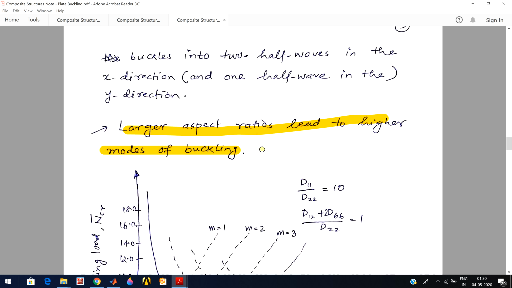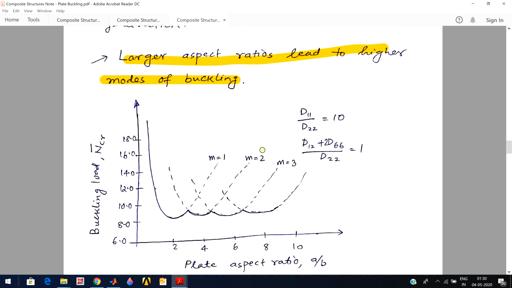That means the number of half sine waves will increase. So if you try to plot this non-dimensional buckling load for different m by changing the aspect ratios, let us say we set n equal to 1 for all cases, and then try to minimize the n critical for different m. So let us say first choose m equal to 1, then plot the non-dimensional load for every a by b. We'll get this curve. So this is the curve we'll get.